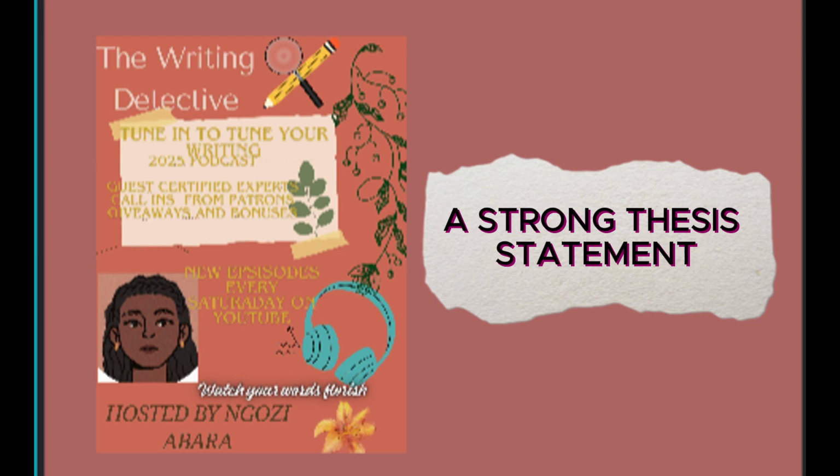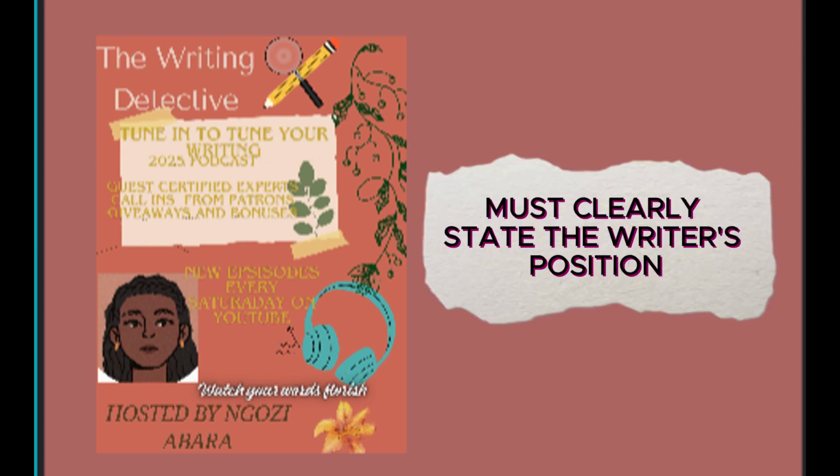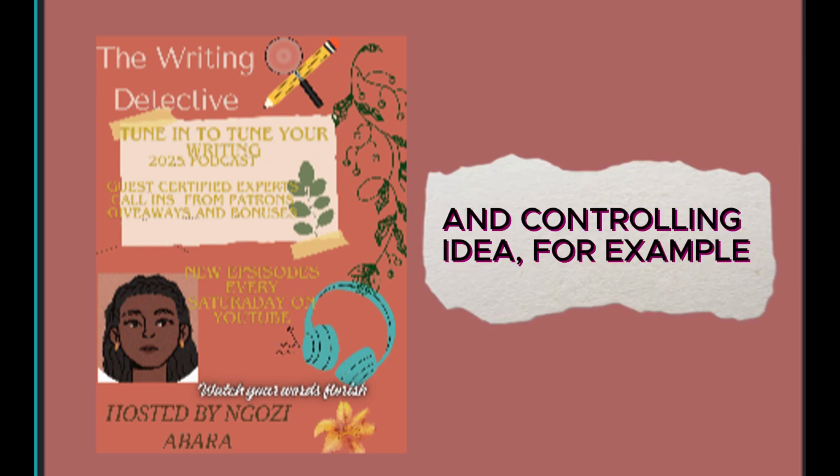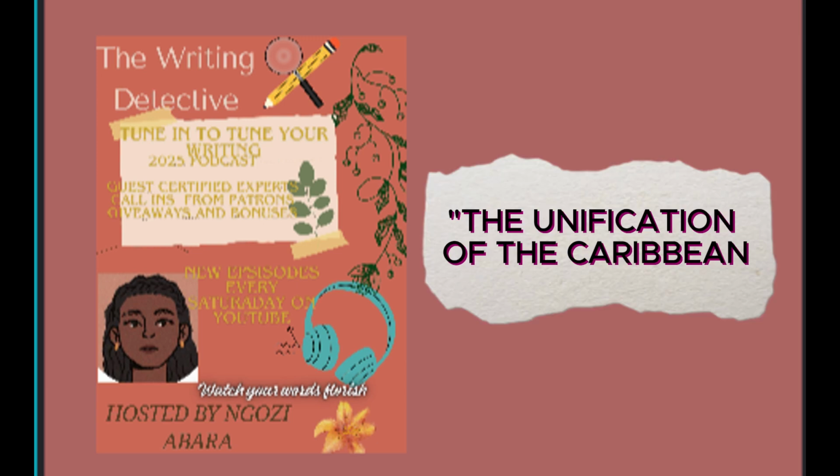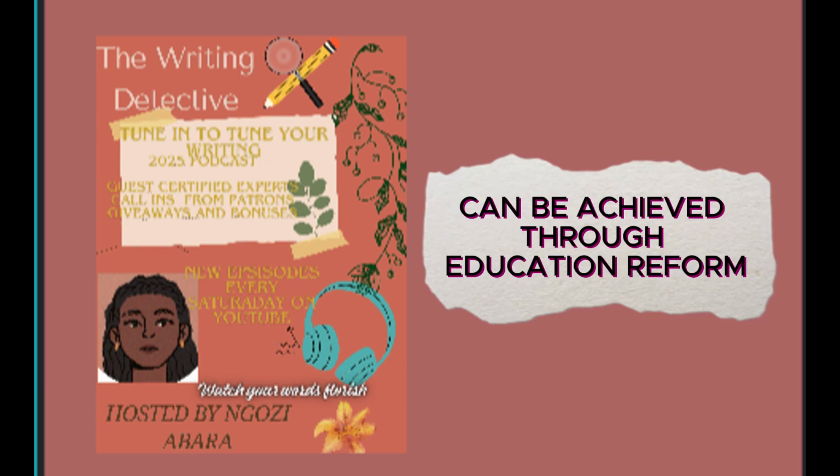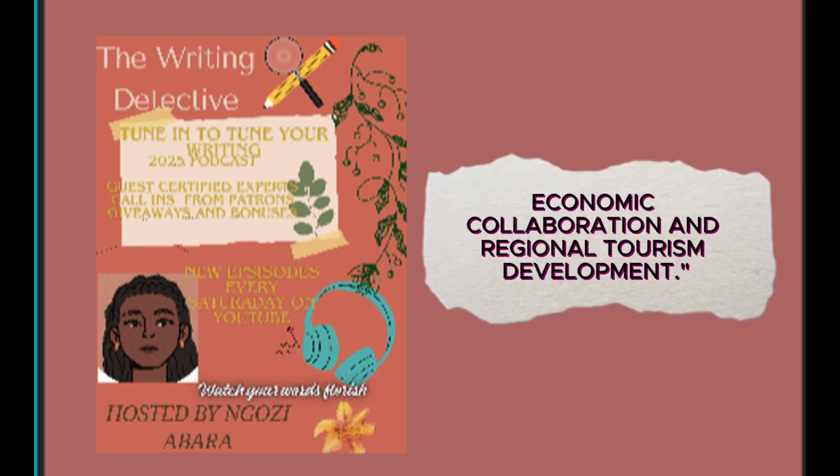A strong thesis statement must clearly state the writer's position and controlling idea. For example, the unification of the Caribbean can be achieved through education reform, economic collaboration, and regional tourism development.